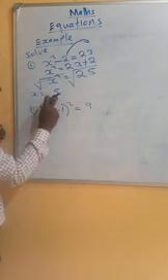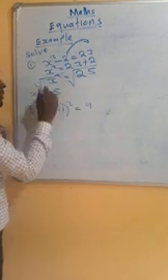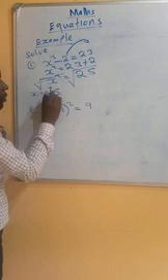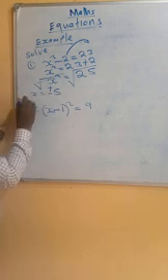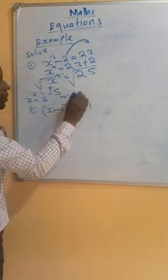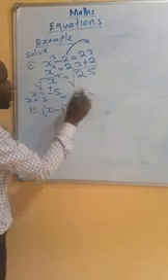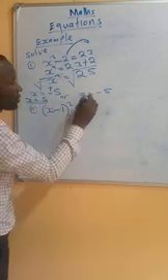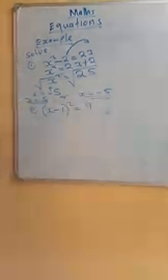This means that 5 times 5 is 25. So now the square root of a number is either positive or negative. So x is equal to 5 or x is equal to negative 5. So these two are the answers.